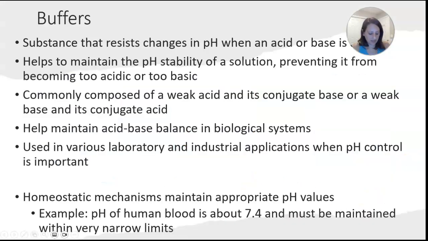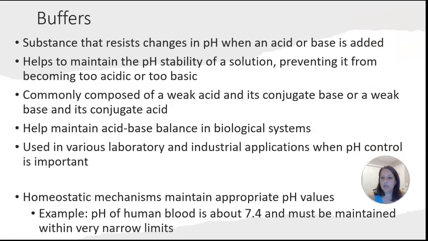Okay. Lastly, I want to mention buffers. Okay, so we've got just 2 slides on buffers, and let me make sure that you can see the words. Okay, so buffers, these are going to be substances that minimize fluctuation in pH when an acid or a base is added.